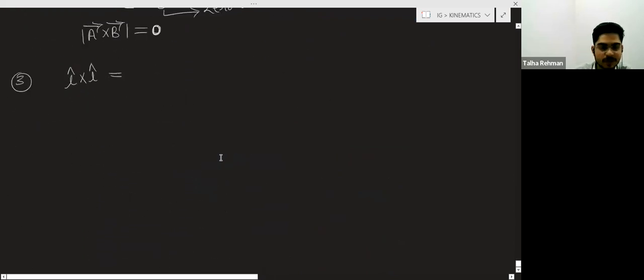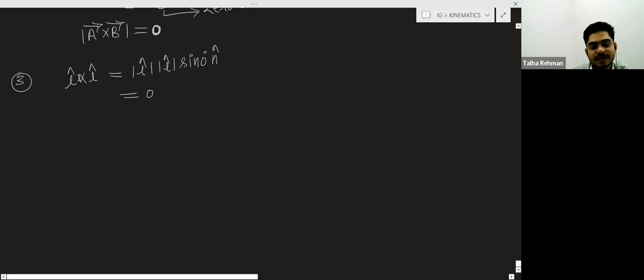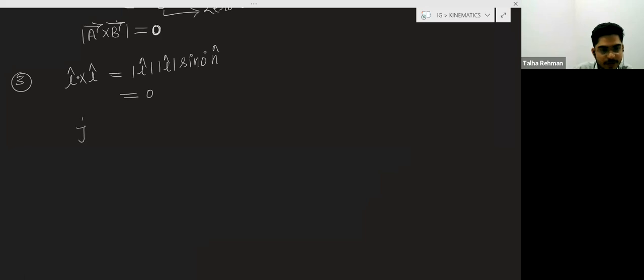So for i cross i, you write magnitude of i cap, again magnitude of i cap, into sine of the angle between i cap and i cap, which is 0 degrees, into n cap. So i cap cross i cap is equal to 0. Similarly, j cap cross j cap will also be 0, and k cap cross k cap is equal to 0.